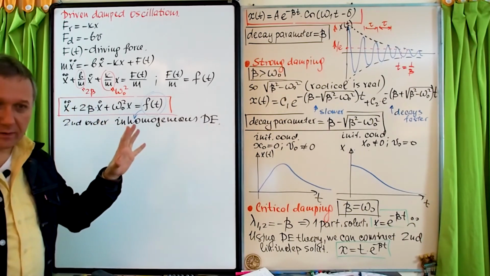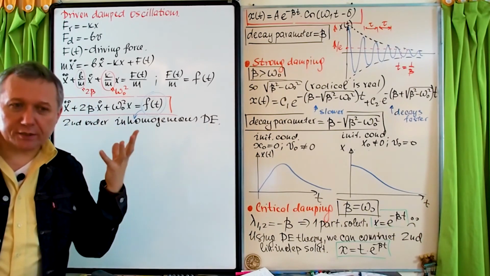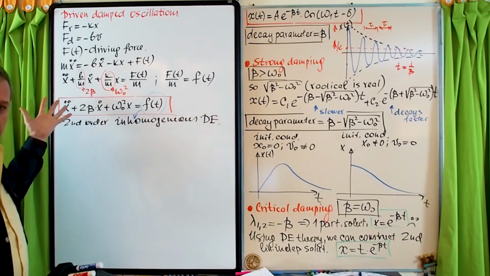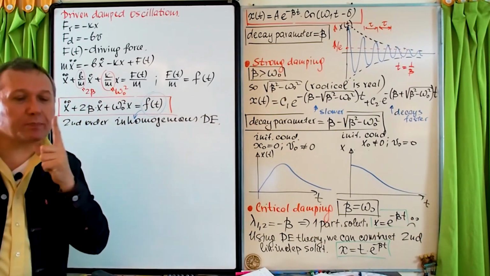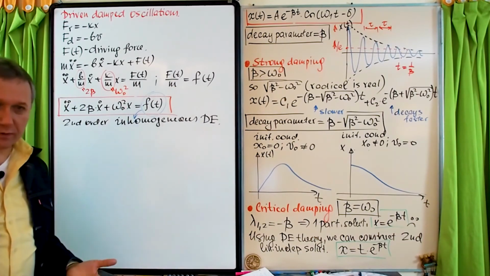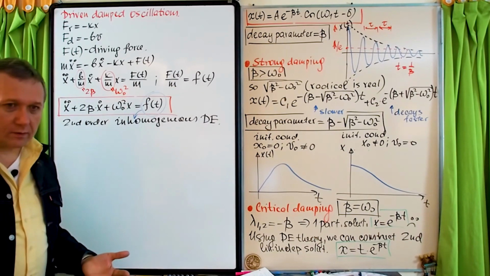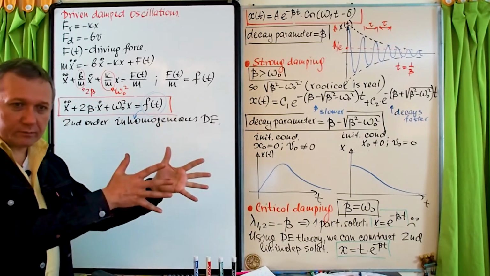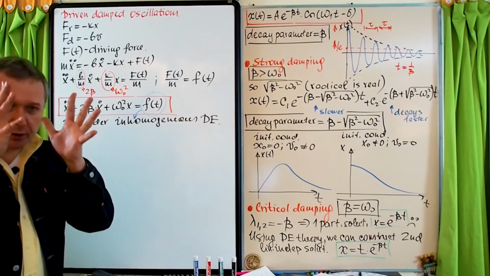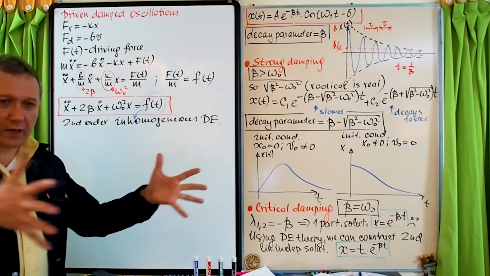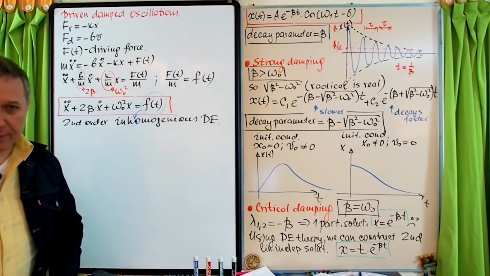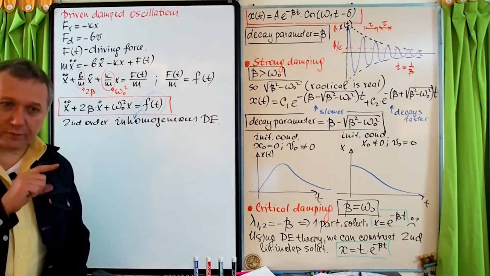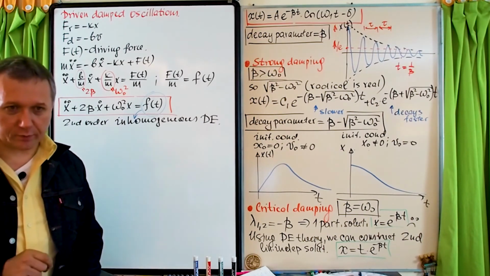And then find any particular solution of the inhomogeneous differential equation. Not general, any particular solution. And if you add these two solutions up, that will be the general solution of the inhomogeneous differential equation.